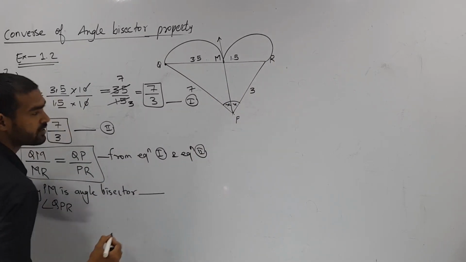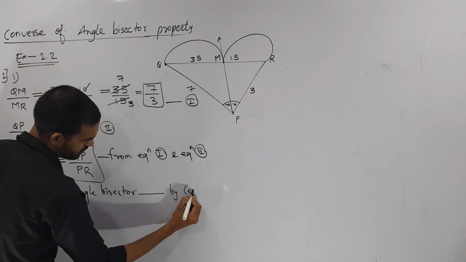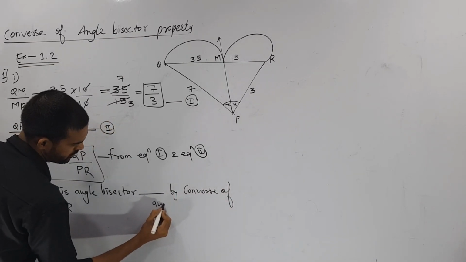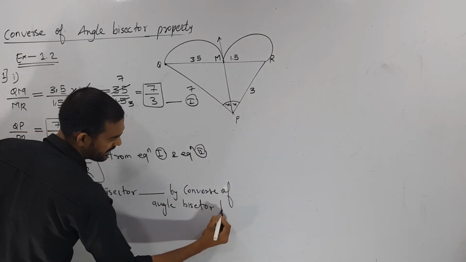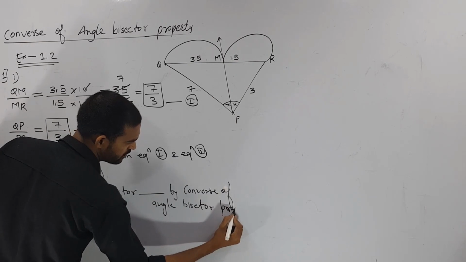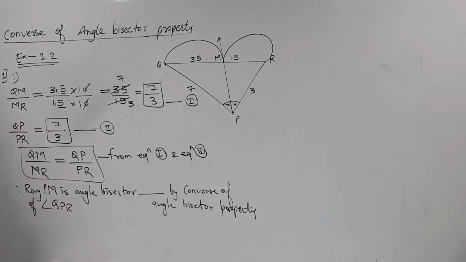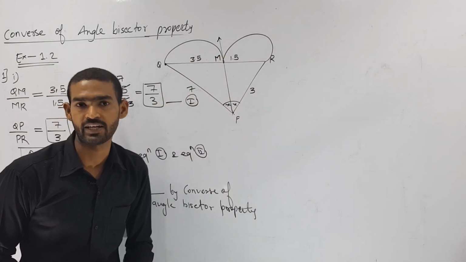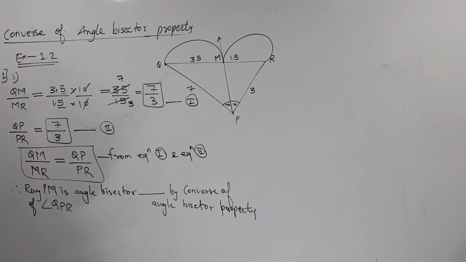And the reason? By converse of angle bisector property. Clear, students? So this way we'll use the converse of angle bisector property in your textbook exercise.